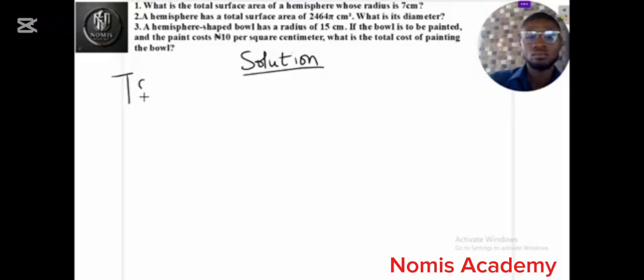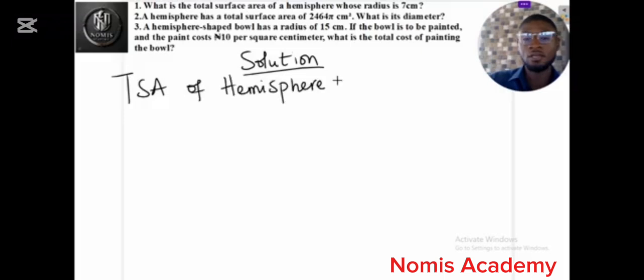So recall that the total surface area of hemisphere is equal to 3 pi r squared.